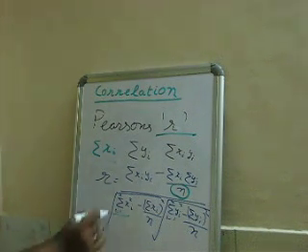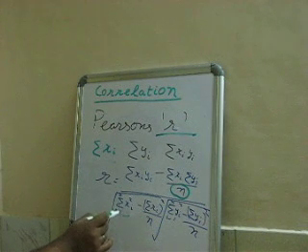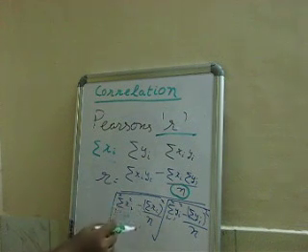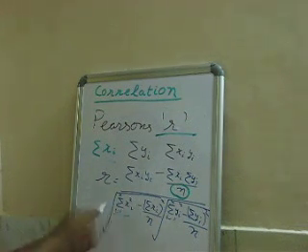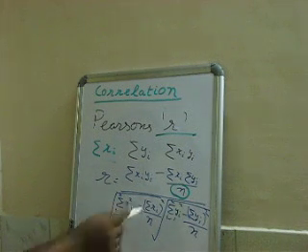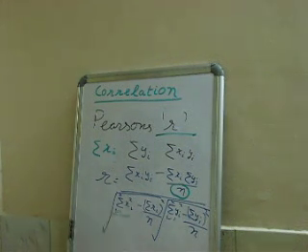Actually, summation xi square minus summation xi whole square divided by n gives you the variance of x, and summation yi square minus summation yi whole square upon n gives you the variance of y. If you take a square root of variance, you get a standard deviation.